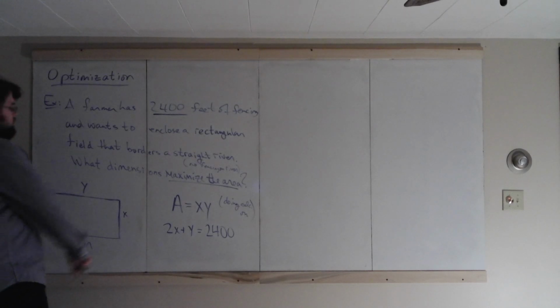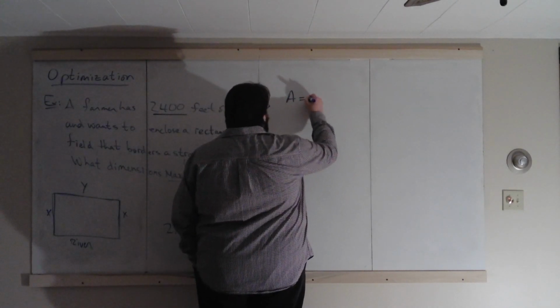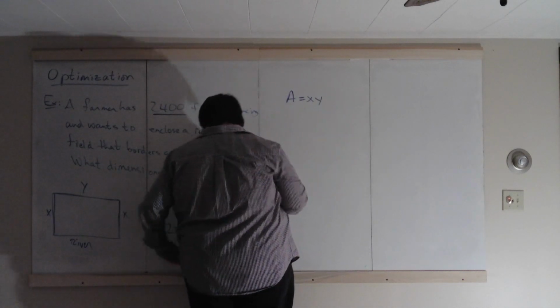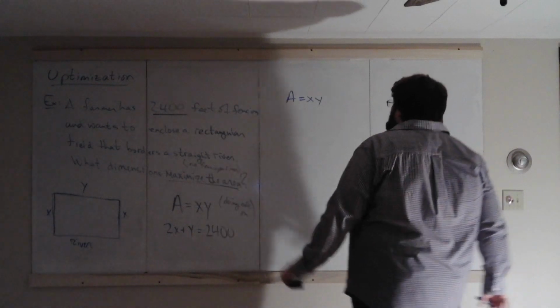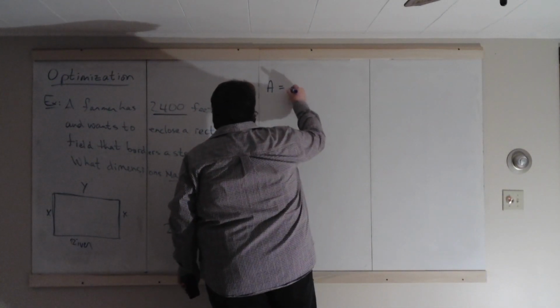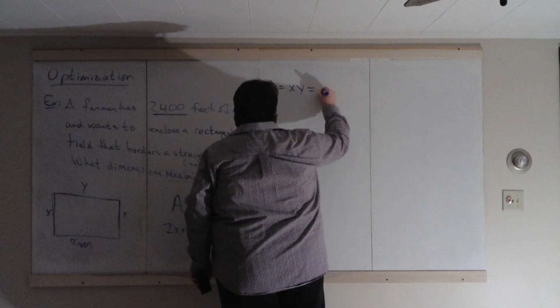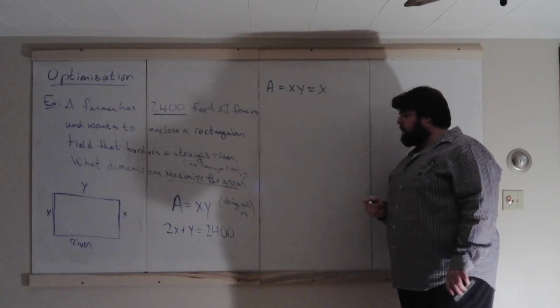Well, let's now get area in one variable. Area equals xy. Let's write that a little differently, while in a different position. So area equals xy, but y down here equals 2,400 minus 2x.